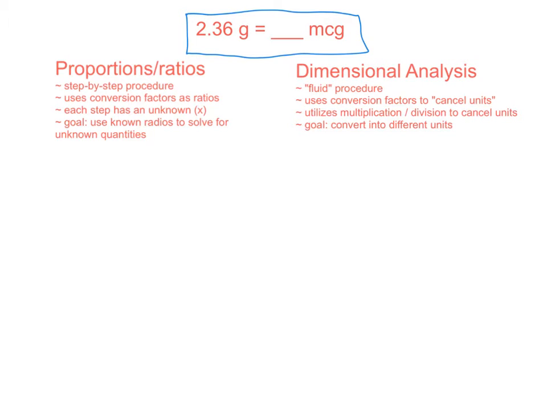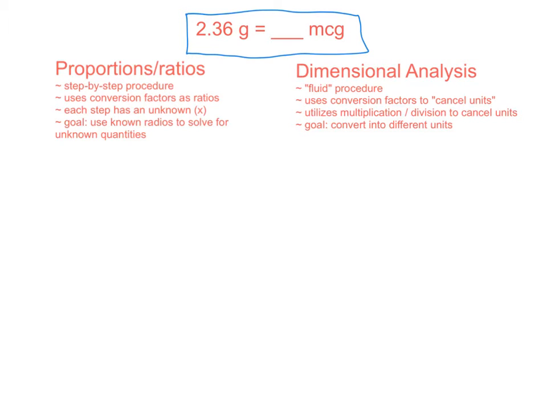So with proportions, it is a step-by-step procedure, meaning if we want to convert from one unit into another, if we don't have a direct conversion, let's say we're going from kilograms to ounces, and you don't have that direct conversion, you're going to have to do a series of intermediate problems.